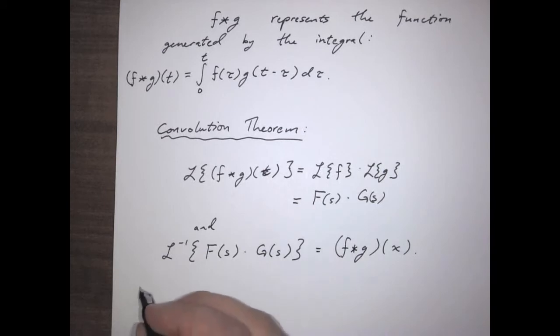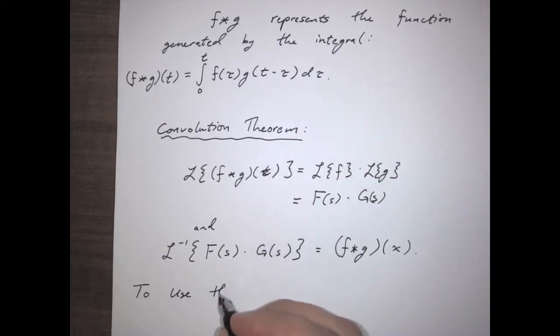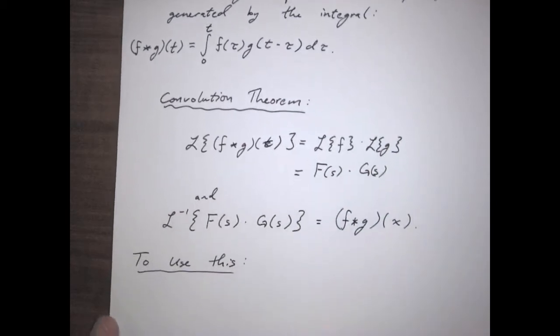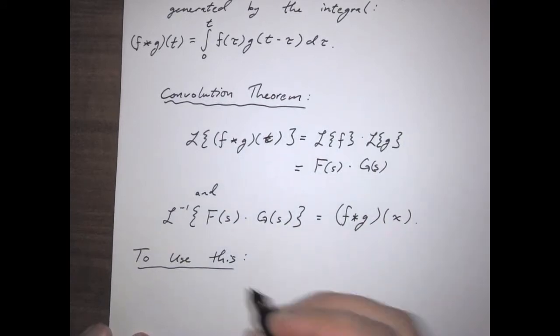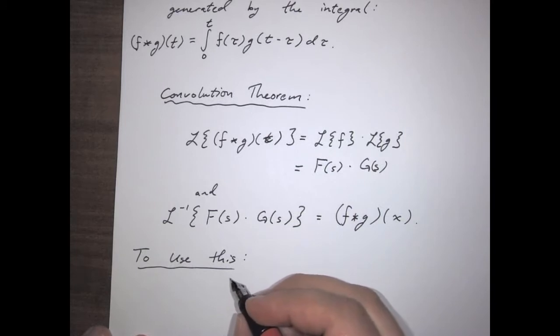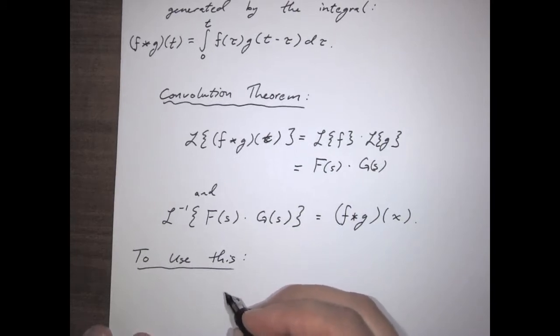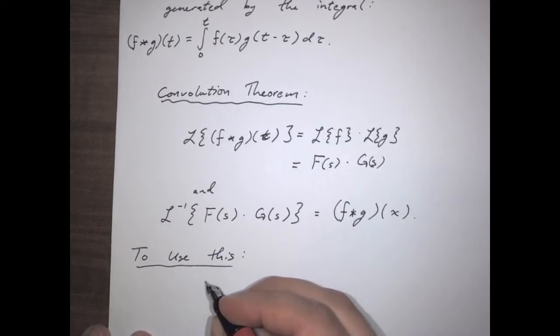So to use this, typically we'll be looking at the second direction of this, and the way we'll typically be using it is to find a way of breaking down the expression that we see into two pieces, each of whose inverse Laplace transforms we know.